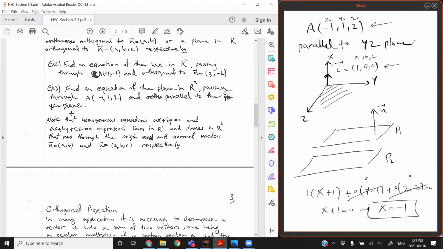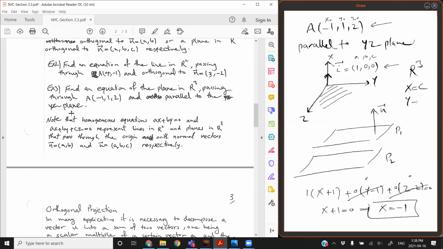So the plane x equals -1 is going to be a plane that is parallel to the YZ plane and passes through the point -1, 1, 2. Generally, if you have, for example, x equals a constant, that's going to be a plane in R3 that is parallel to the ZY plane.